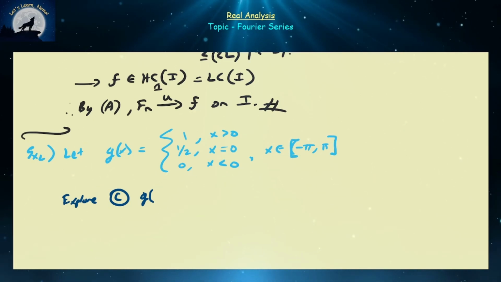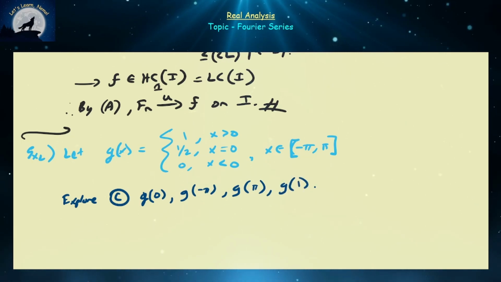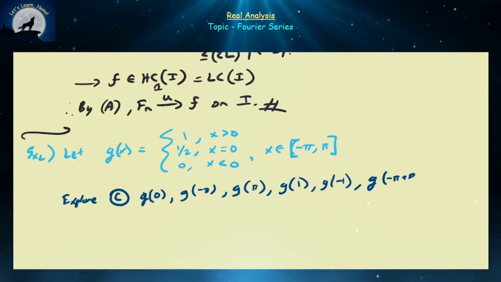And what I want you to do is explore g of 0, g of minus pi, g of pi, g of 1, and g of minus 1 to see if the Fourier series converge to the values for which they are supposed to converge to. And moreover, I want you to test g of minus pi plus epsilon and g of pi minus epsilon, where epsilon is a small, arbitrarily small, but positive number.